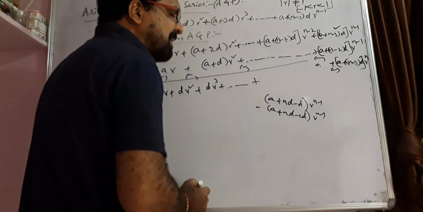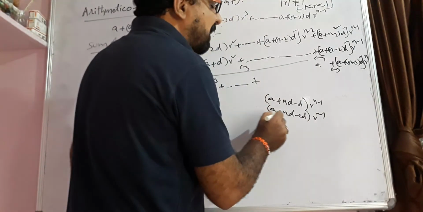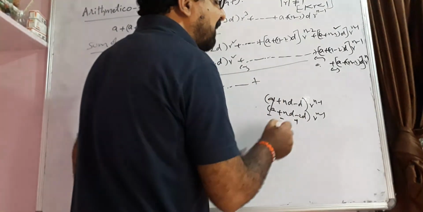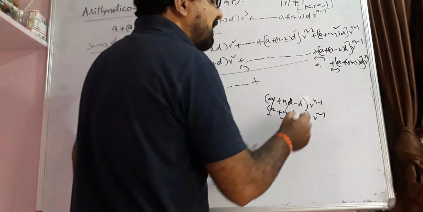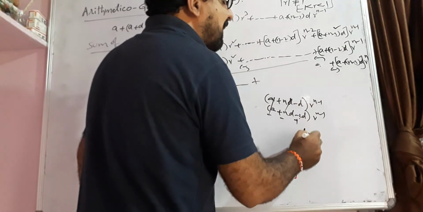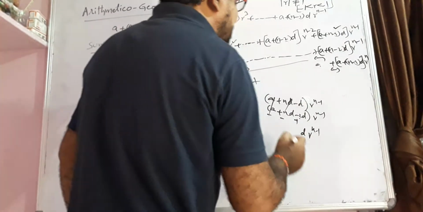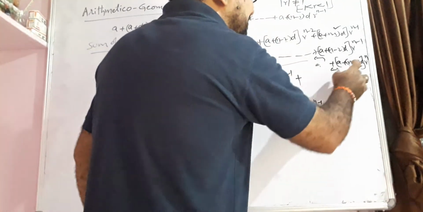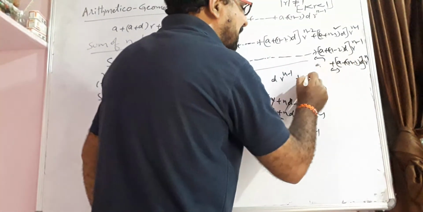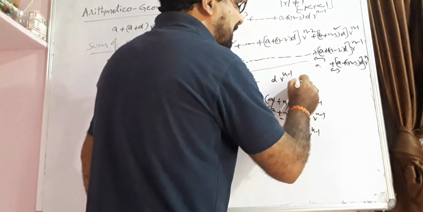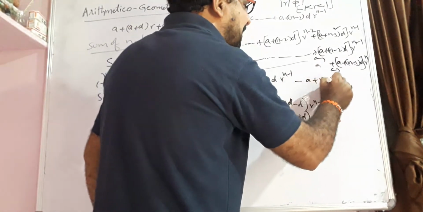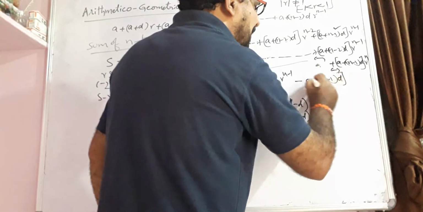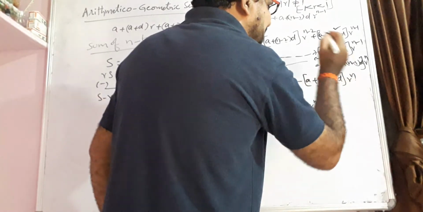You know r power n minus 1 is common, so here minus minus plus, these two cancel, plus nd minus nd also cancels. So 2d minus d, nothing but d into r power n minus 1, and so on, plus d into r power n minus 1, plus the last term, minus a plus n minus 1 into d of r power n.